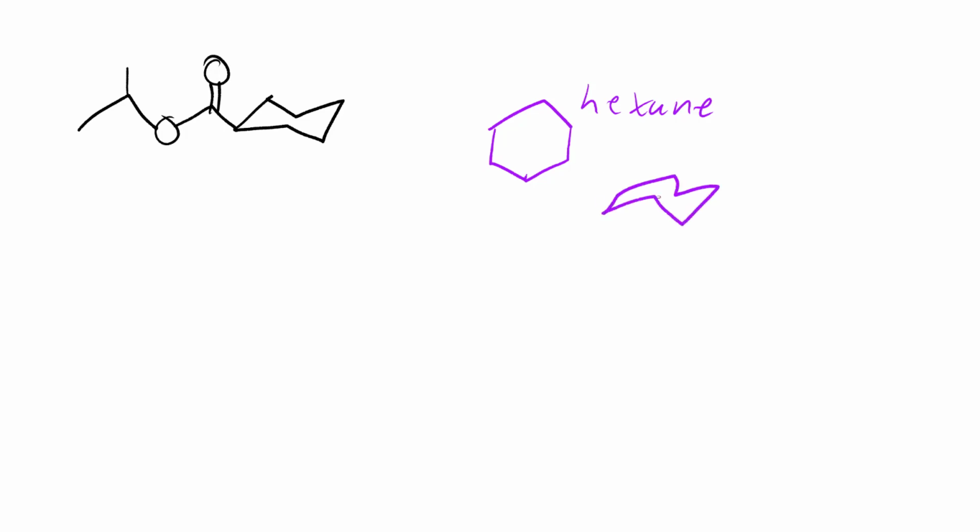So it looks like this. That would be 1, 2, 3, 4, 5, and 6. It's called a chair conformation, and I'll show you how to draw it later. They're pretty ugly. So that's really just a hexane. It's not a functional group.